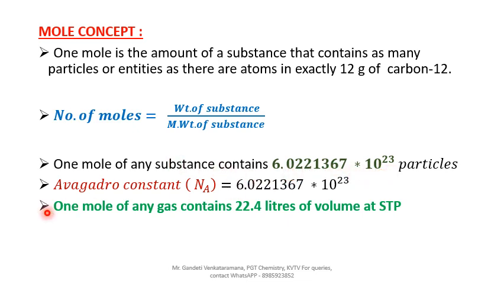But here I didn't mention any substance; what was mentioned? Any gas. Take 1 mole of nitrogen gas, oxygen gas, helium, hydrogen, whatever it may be. If it is 1 mole, that gas contains 22.4 liters of volume. This is a very, very important number: 22.4 liters of volume at STP, standard temperature and pressure.